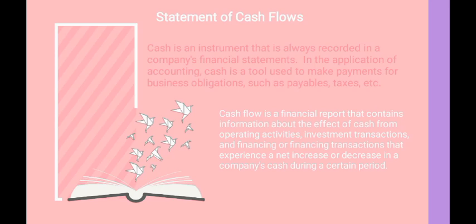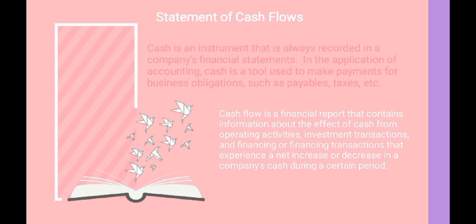In the definition of cash, cash is a company asset in the form of cash, such as banknotes, coins, money orders, checks, etc., which are owned by or stored by the company in a bank and can be used for general company activities.